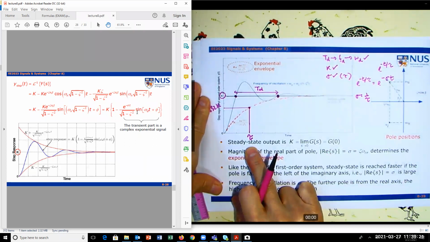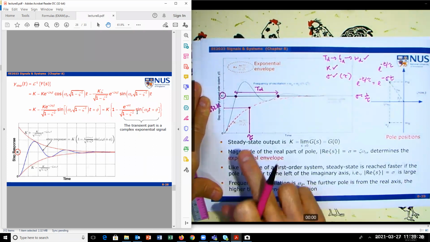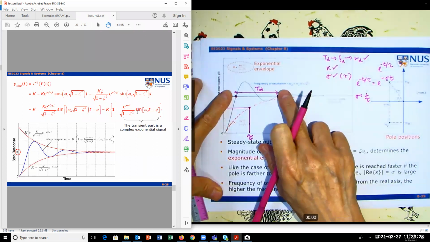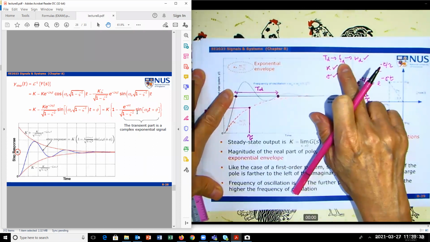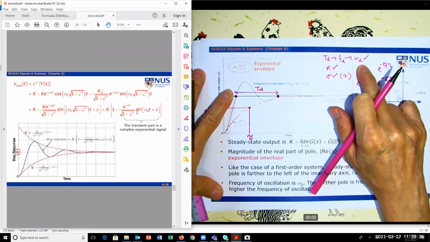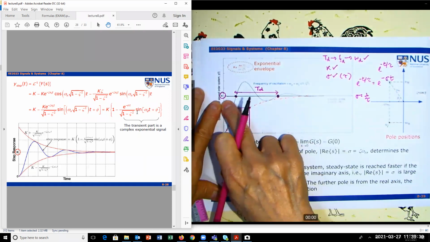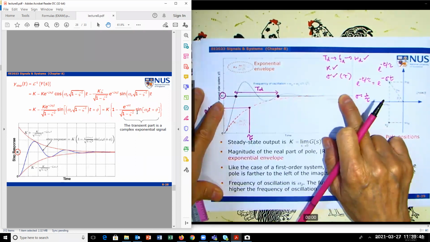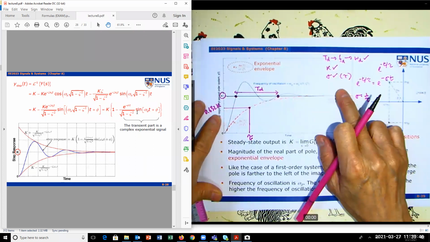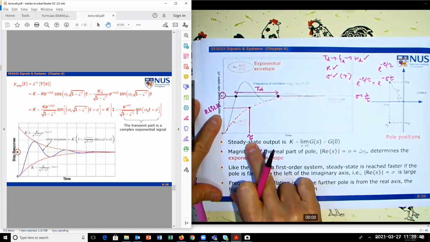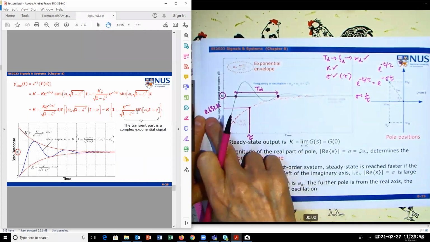So I know three things from the graph. Number one, I can find the period TD, which leads me to FD, which leads me to omega D. That's the first finding. The second finding, I know the steady state, which is given by K. The third finding is to determine the time constant tau, according to this method of 0.632 of the steady state.